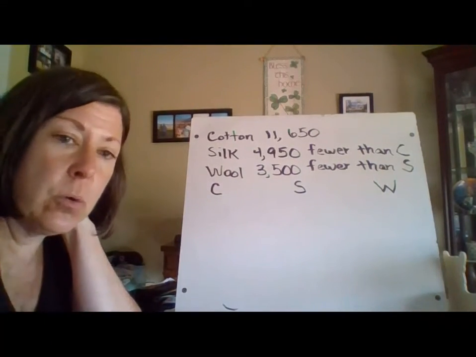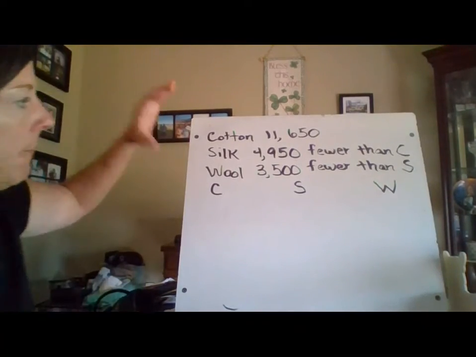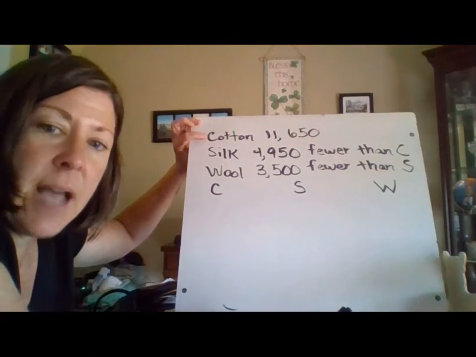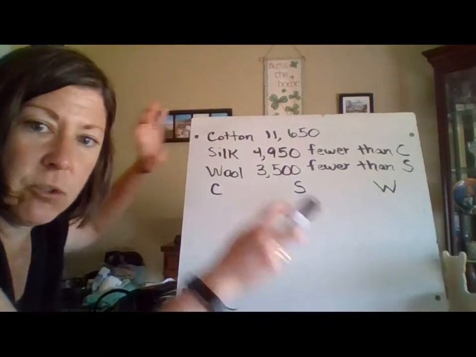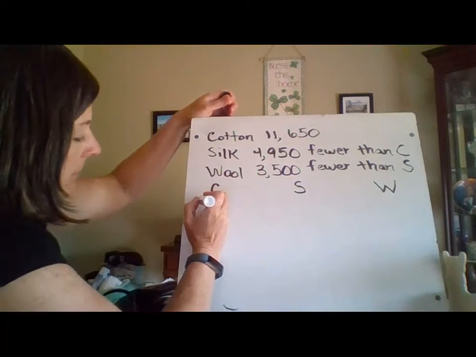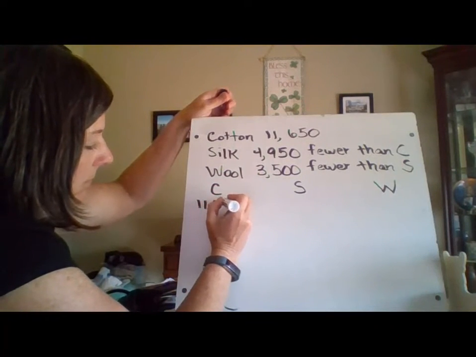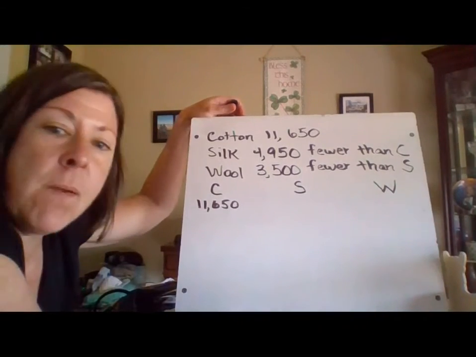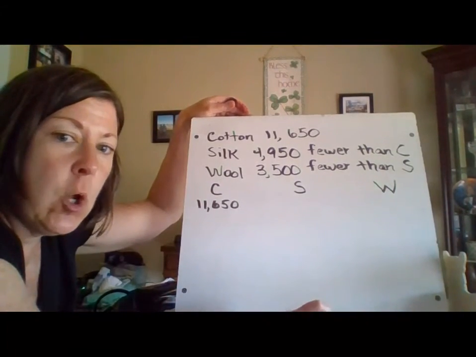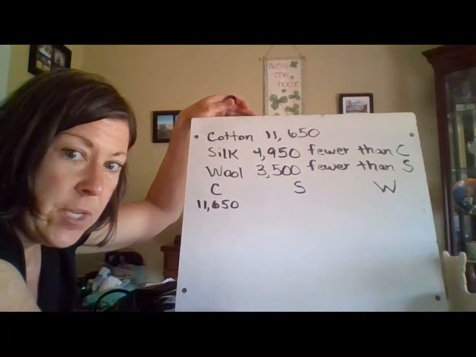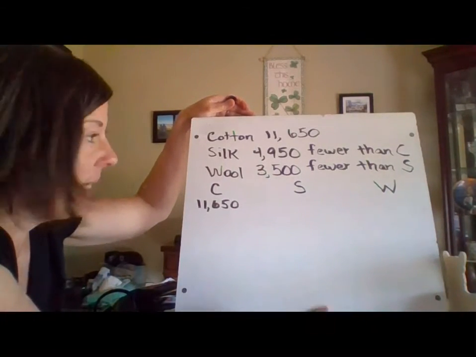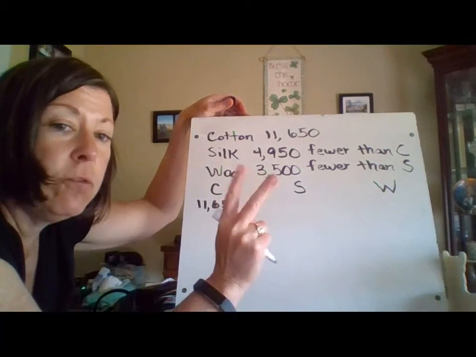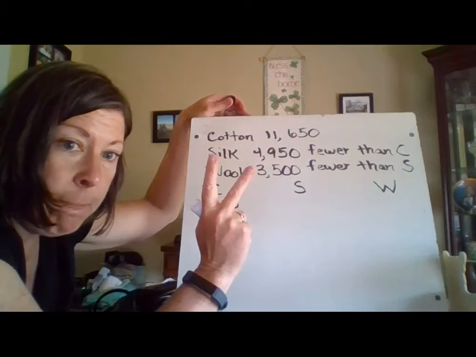So I started to organize my work. They told me cotton. They said cotton is 11,650. They did not tell me silk or wool. So that means based on finding silk and then finding wool, this is so far going to be a 2-step word problem.